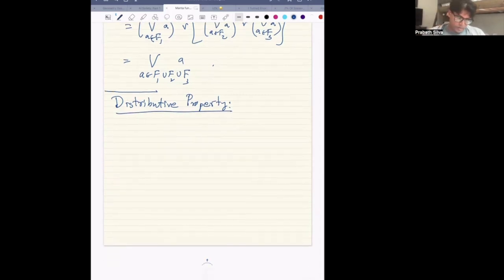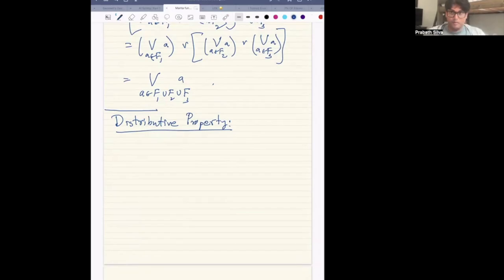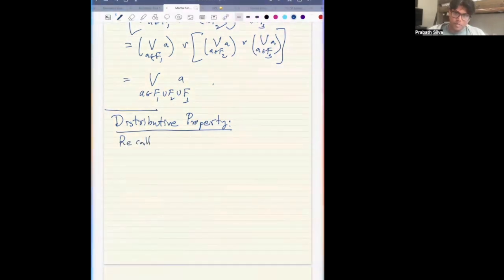We call, say, is distributive. Let me not define things yet. So call it the distributive properties.